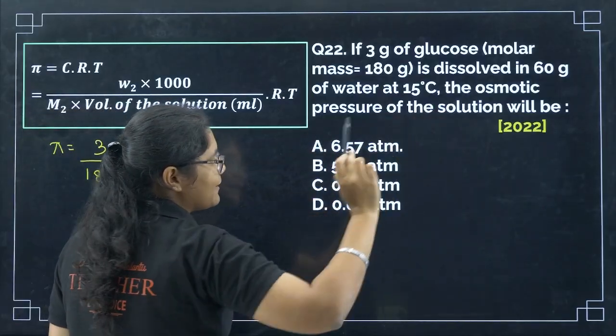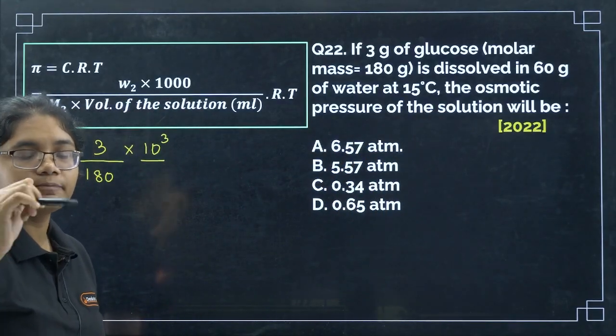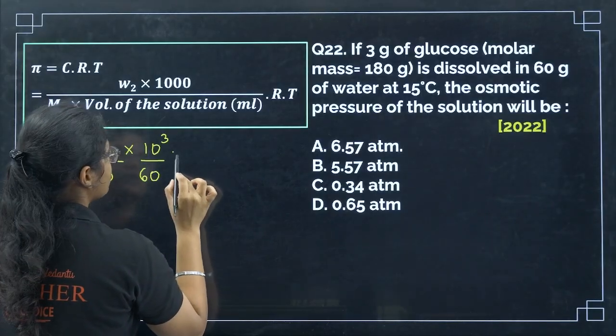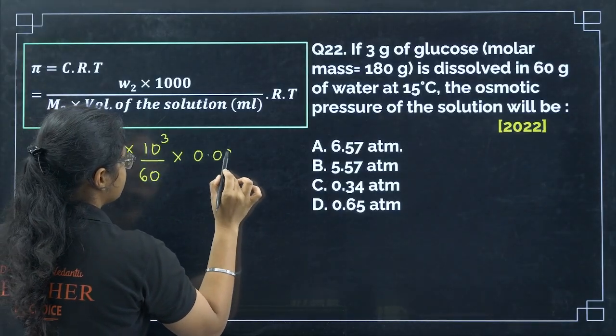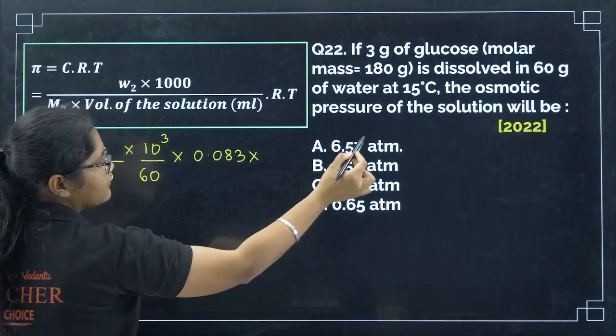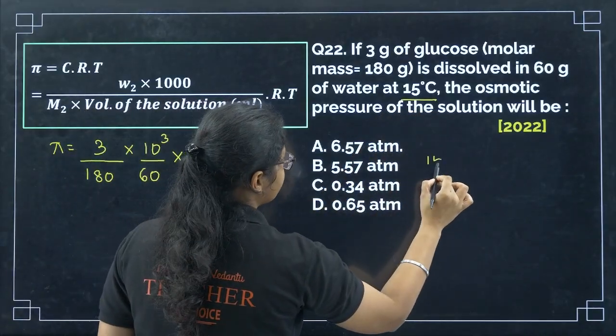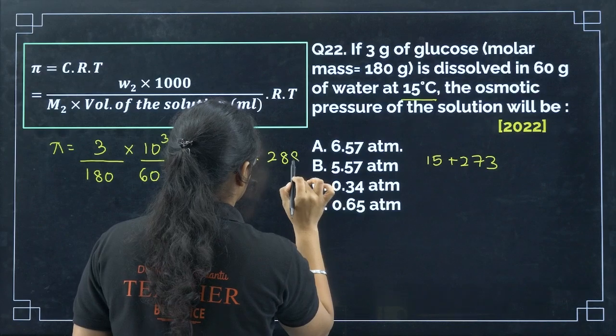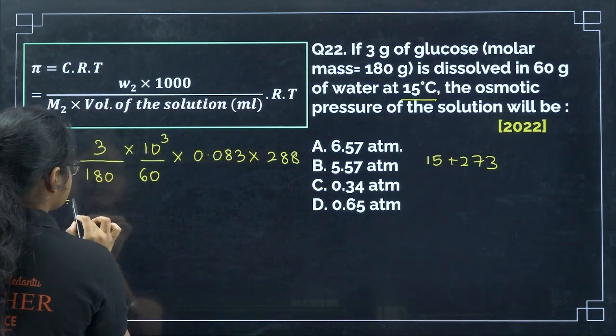Here 60 gram of water is given, and for water the density is 1 gram per ml, so I can write it as 60 ml. Then R value is 0.083, and converting 15 degrees, I have 15 plus 273, I'll get 288.